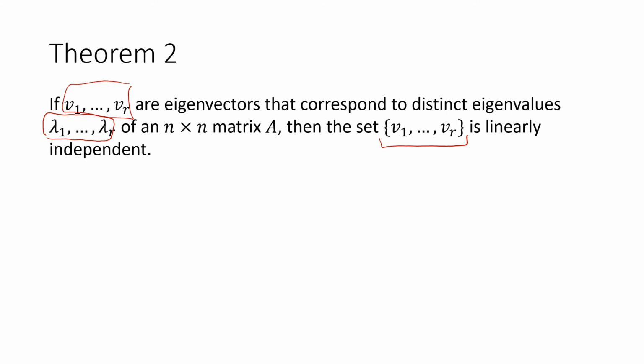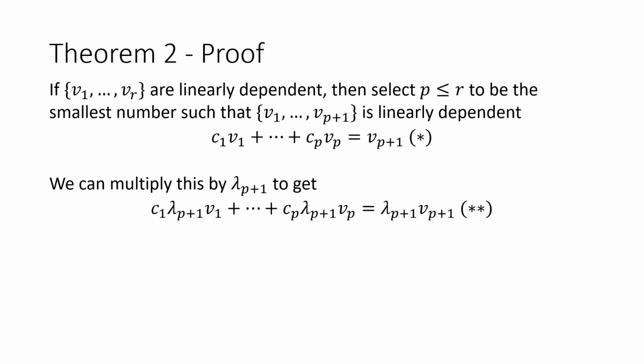And why is that? To show it's true, we are going to go through some of the properties that we've seen before about linear independence and dependence. We are going to show this by saying, well, let's assume we're wrong. Let's assume that these vectors are linearly dependent. Then what happens? We're going to show something goes wrong. If our set of eigenvectors is linearly dependent, that means that somewhere along the way, when you're building up the set, you suddenly get linear dependence.